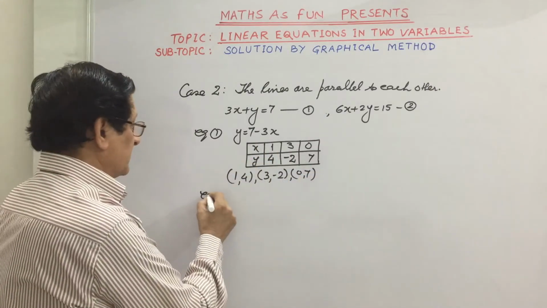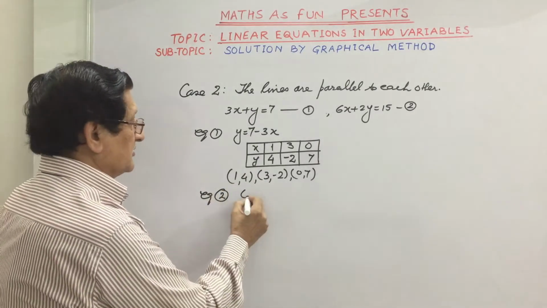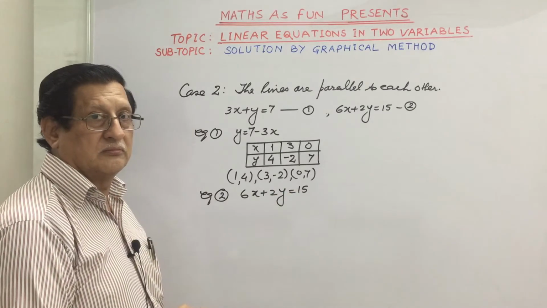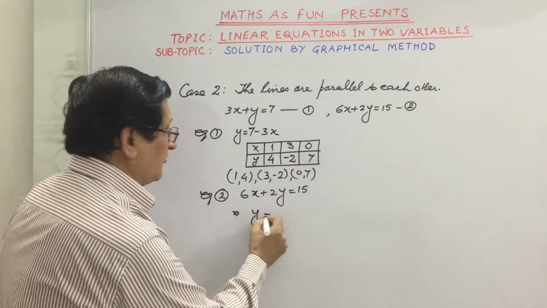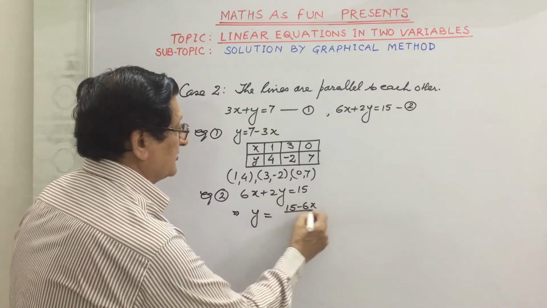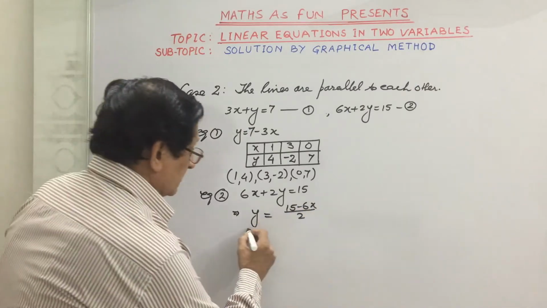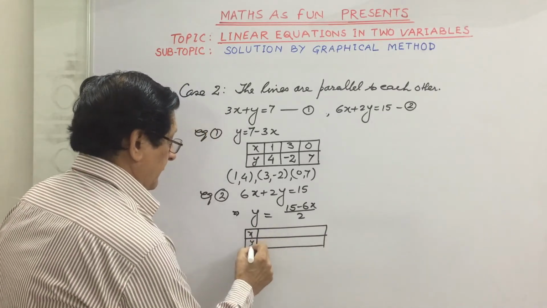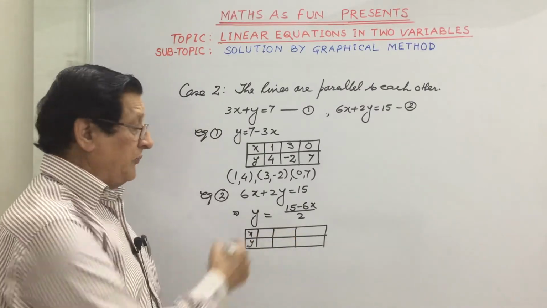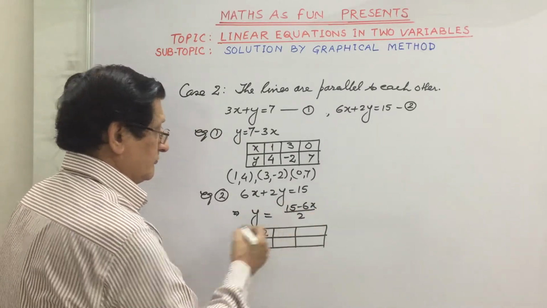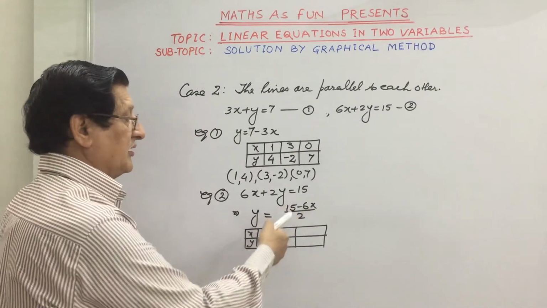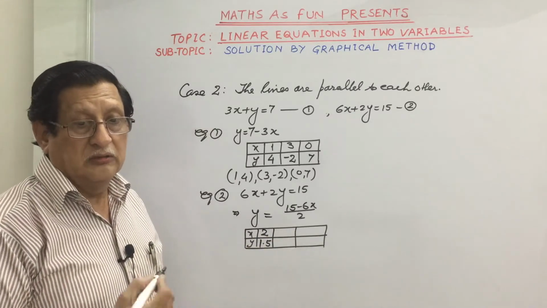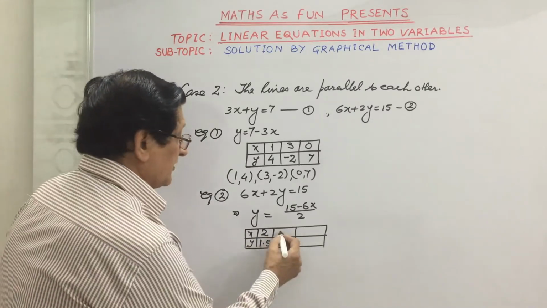Let's go to the second equation now. Equation number 2 is 6x plus 2y equal to 15. From this we get y equal to (15 minus 6x) upon 2. When we draw the table for this, suppose we take x as 2. This will be (15 minus 12) by 2, that is 3 by 2, we can say 1.5. Suppose we take x as 5.